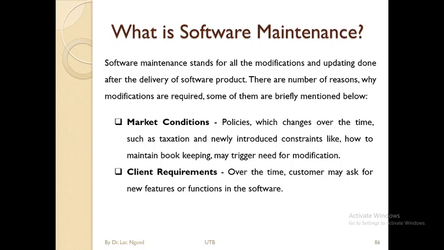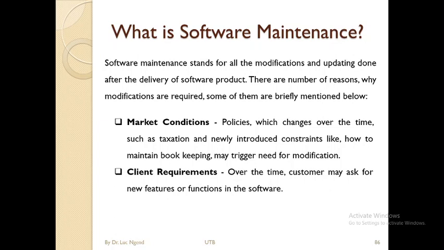Software maintenance stands for all the modification and the updating done after the delivery of software product. So after you have delivered your software product, means after you have deployed.